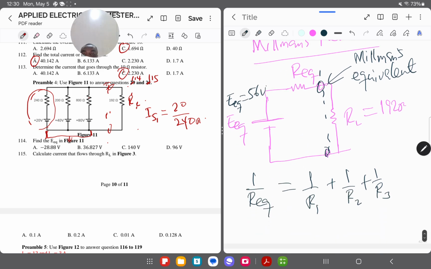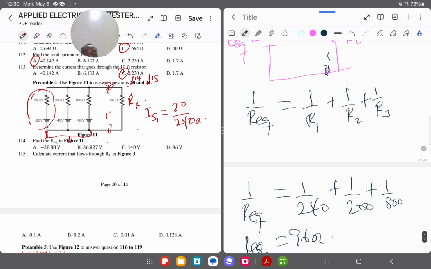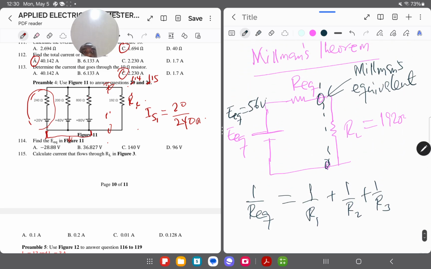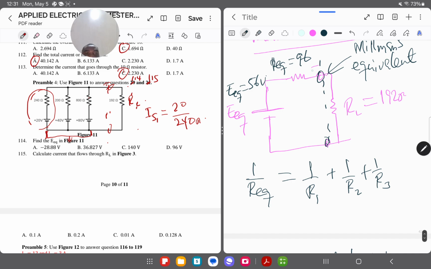So now that I've gotten this, you can see we have a simplified version of the circuit. And then we have 56 volts here. So you can see now we have 56, 96, and then 180. So now you can see clearly that this is just a simple circuit where we have two resistors in series and a voltage source.